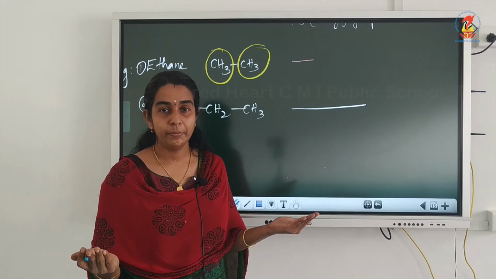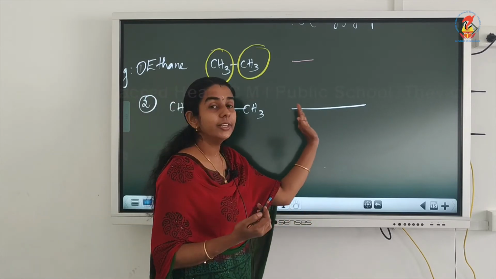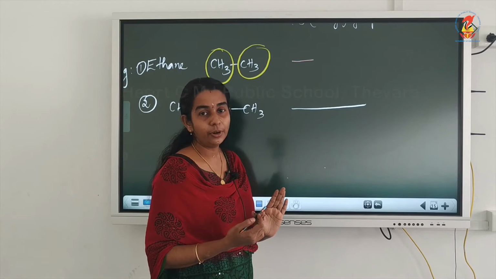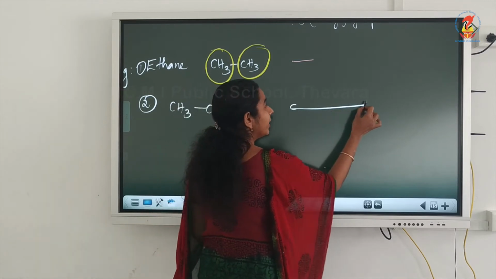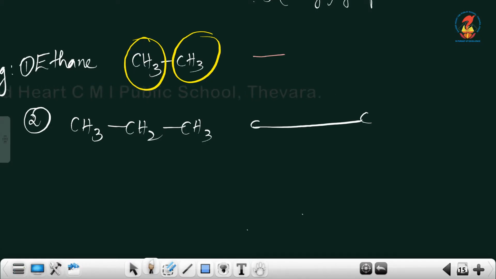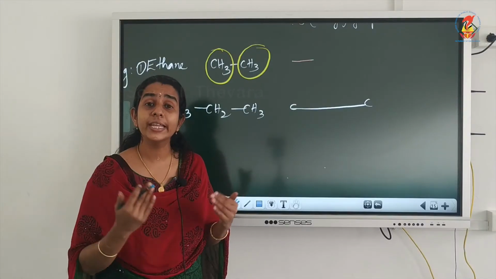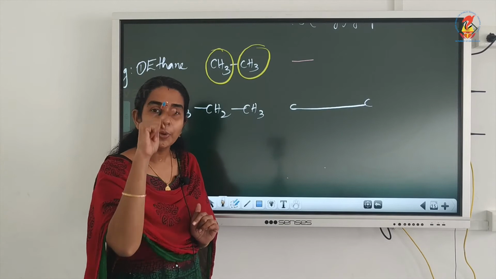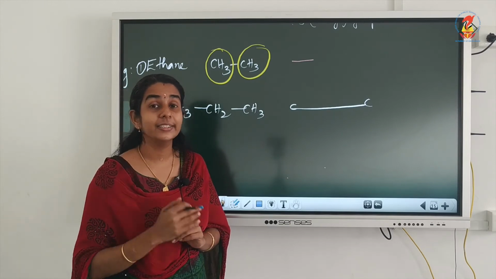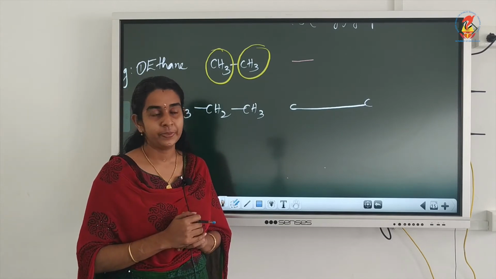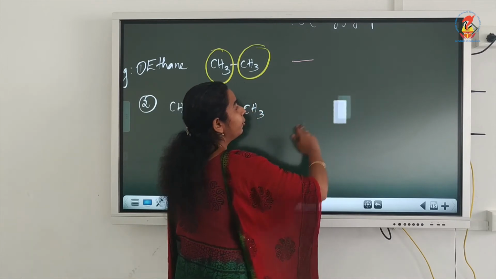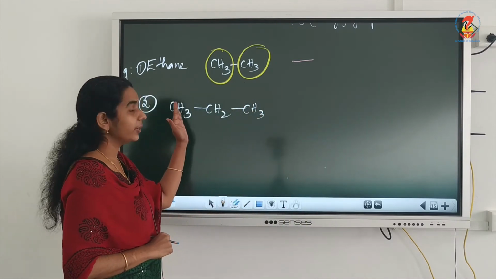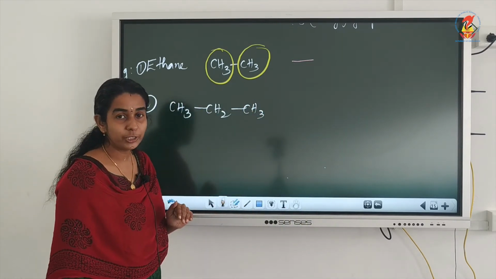No, because whatever the length of this bond we draw, here we have only 2 carbon atoms, isn't it? So how can we increase the number of carbon atoms? Yes, by giving small bends in a zigzag fashion. So how am I going to draw the zigzag bond line representation of this propane?